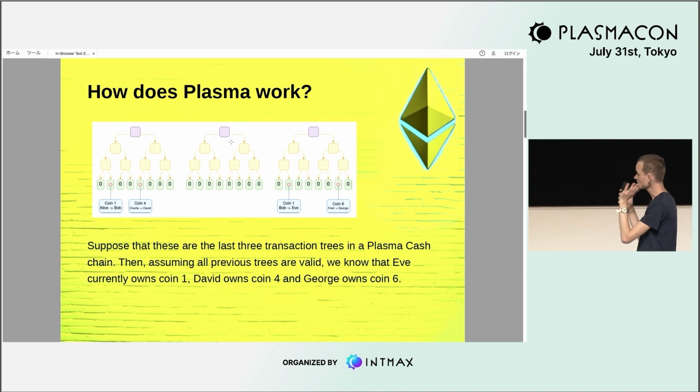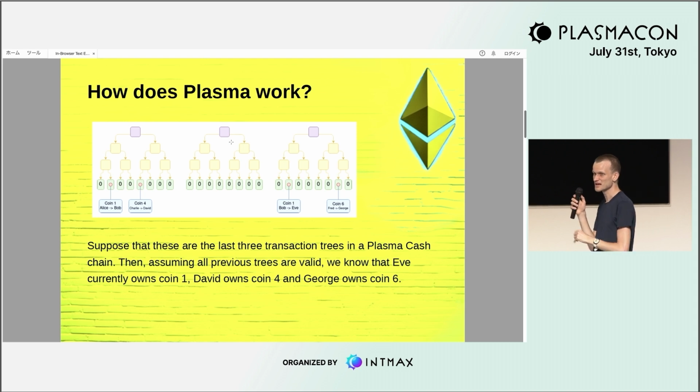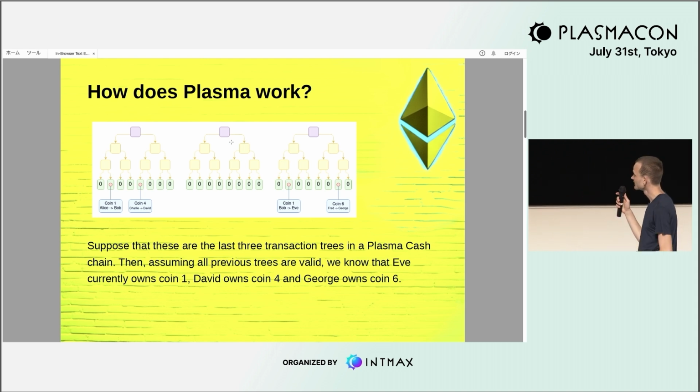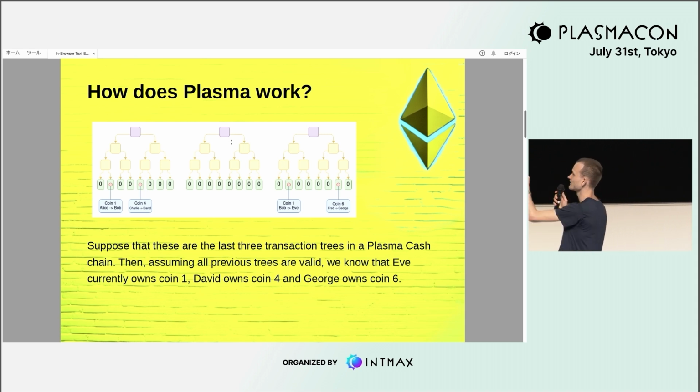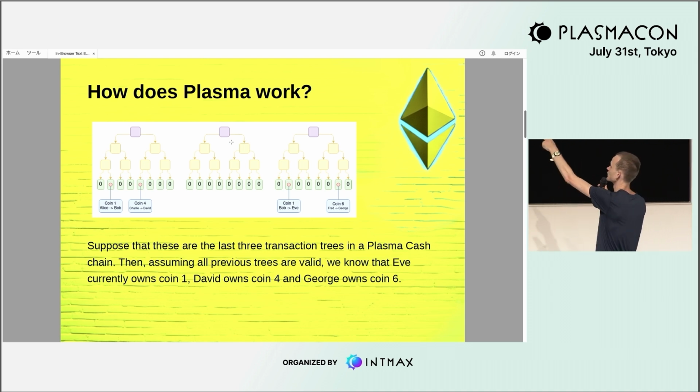So if you look at this example, imagine that these are the last 3 transaction trees in a basic Plasma chain. If you assume everything before that is valid, then what do we know about this? In this case, we know that Eve currently owns coin 1, right? Because here you have on the left, a transaction of coin 1 from Alice to Bob, and then on the right, a transaction of coin 1 from Bob to Eve.